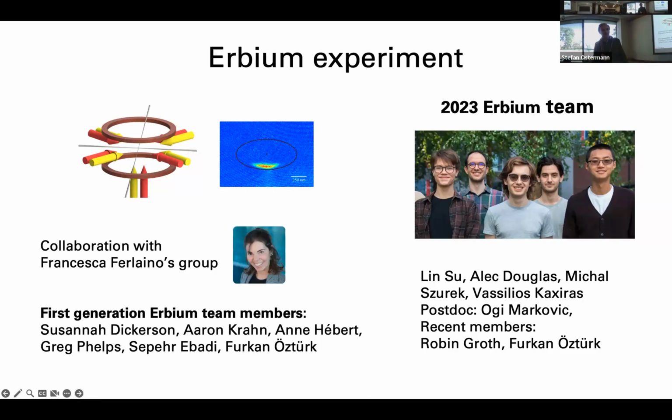That's why it took a while, of course. We also learned a lot from Francesca Ferlaino, with whom we collaborated on how to make an erbium experiment like that. Here's the current team. I think they're all in the audience right now.